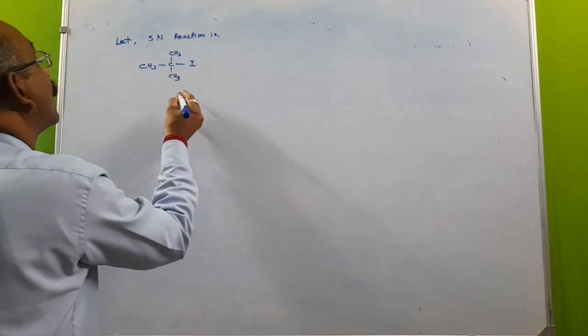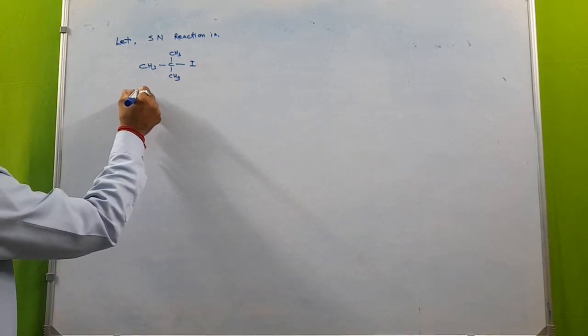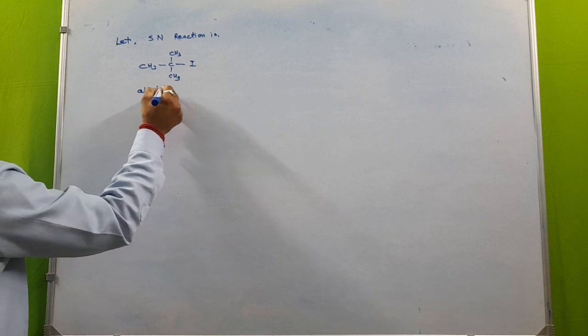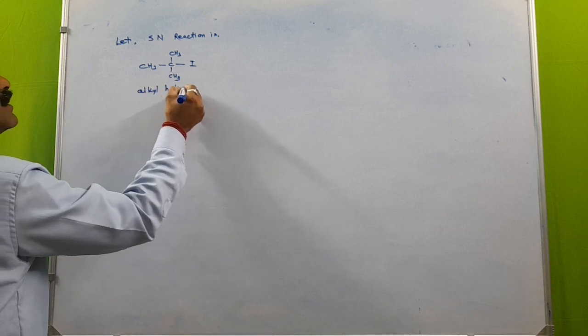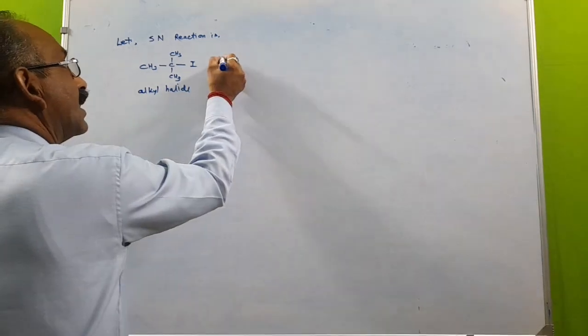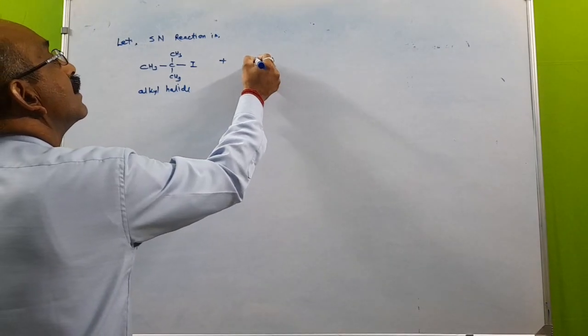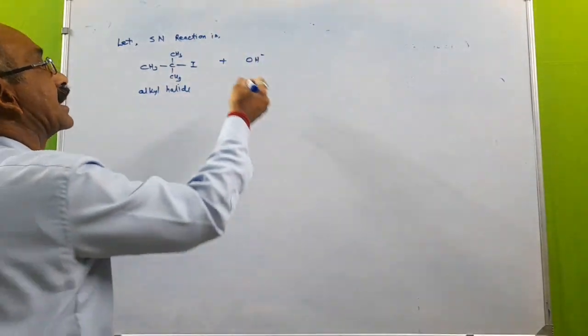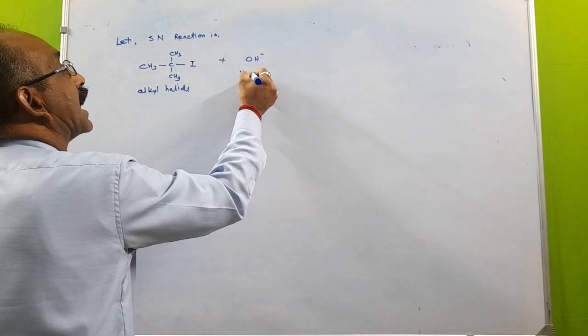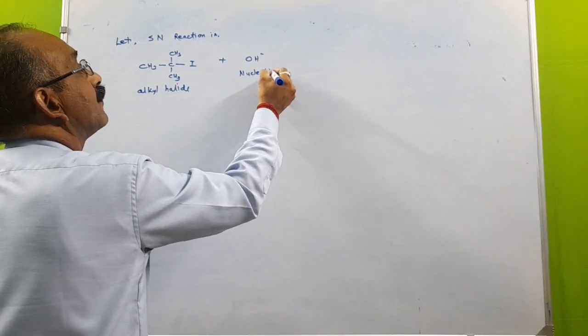This one is our alkyl halide, and here it is our OH minus. This one is acting as a nucleophile.